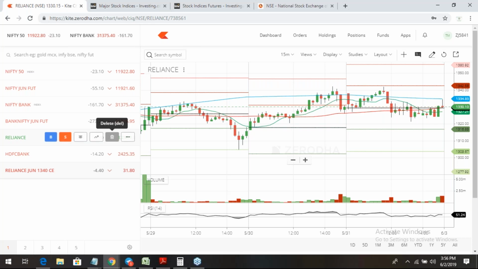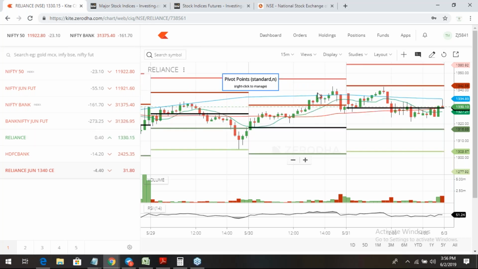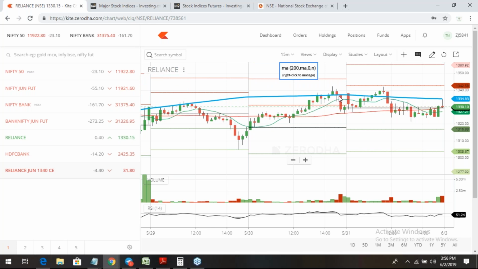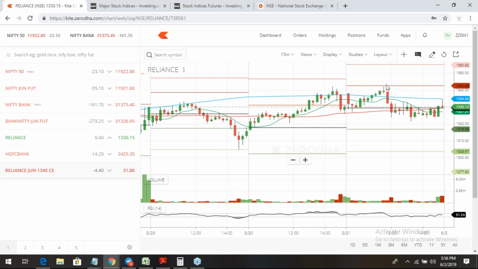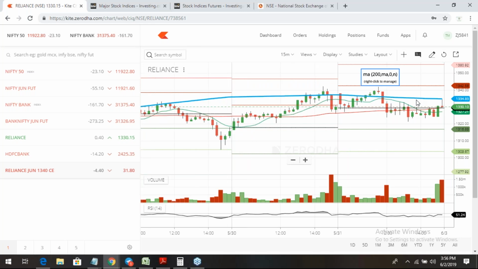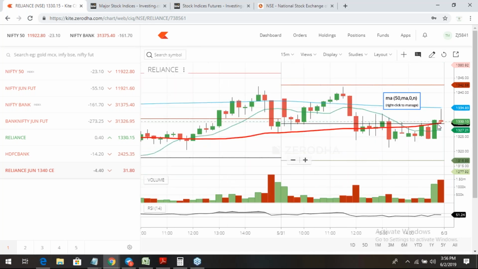See, the stock doesn't go above 200 SMA, again goes down, again goes up, again not sustaining above 200 SMA, again goes down, again takes support from 50 SMA, again going up, not sustaining, again goes down. Let's see tomorrow what happens. It's in between 50 and 200 SMA, right?